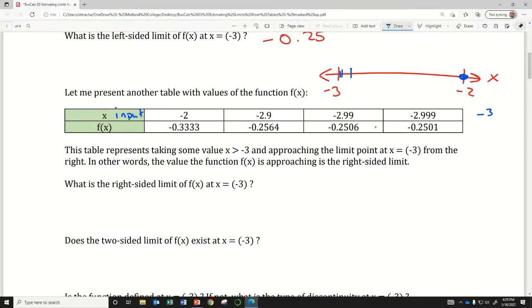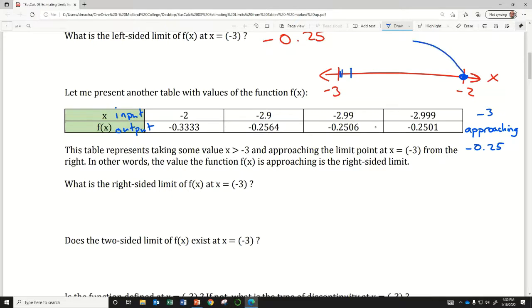In the output of my function, I'm going from -1/3 to -0.2564, -0.2506, -0.2501, and again, the output values of my function seem to be approaching -0.25 as I approach -3 in the input.